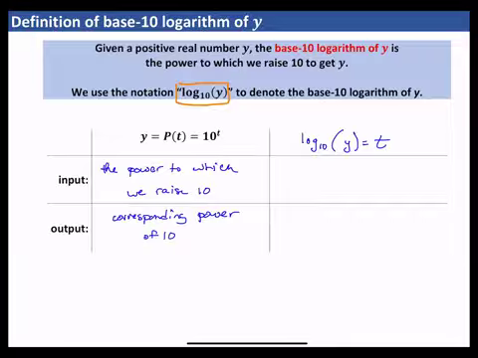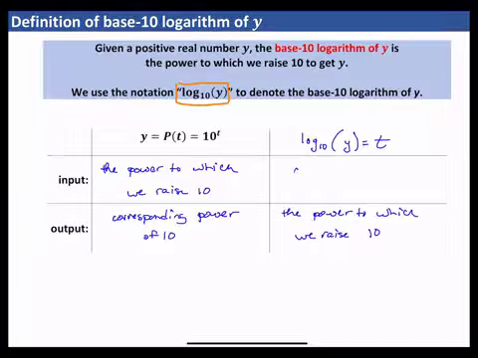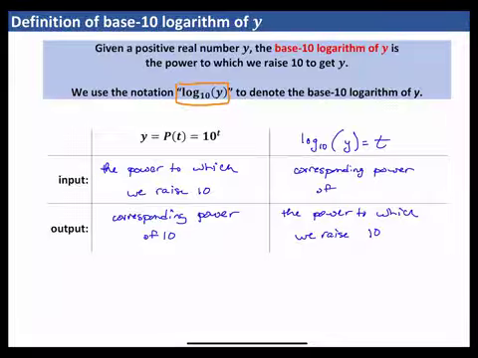And that means the output for the base 10 logarithm is the power to which we raise 10, and the input is the corresponding power of 10. We notice that the input and output of these two functions have reversed, which is an important quality of inverse functions. This emphasizes the fact that the powers of 10 and the base 10 logarithm are inverse functions.